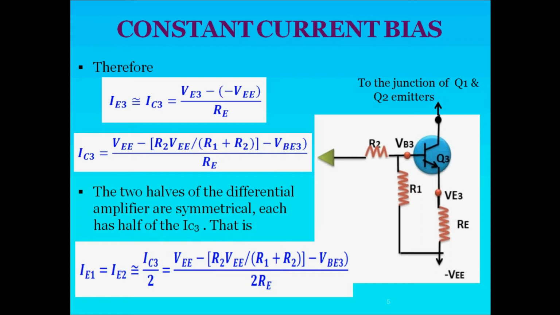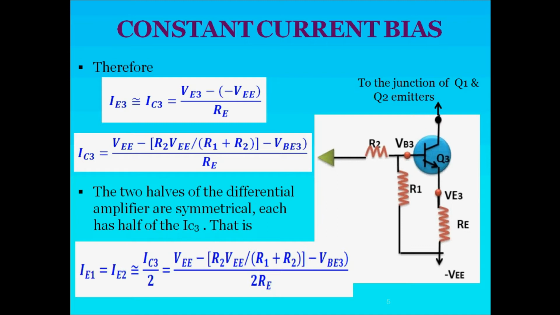Now we know that for a differential amplifier, the two halves are symmetrical, that is, both the transistors Q1 and Q2 are symmetrical. So each has half of the IC3 current. As we know, IC3 is the current flowing through the emitter of transistor Q3.